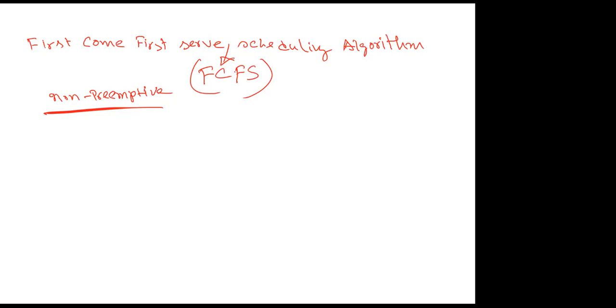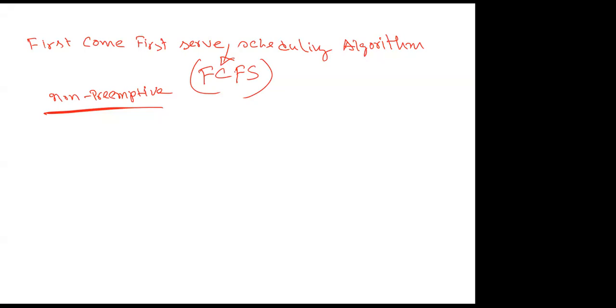Here are two things you have to know: it is a non-preemptive scheduling algorithm, and it is not a priority-based scheduling algorithm. The process which comes first inside the RAM will be served first. It is not a property of a particular process. This is what first come first serve means.